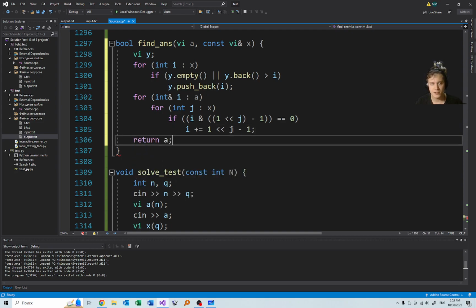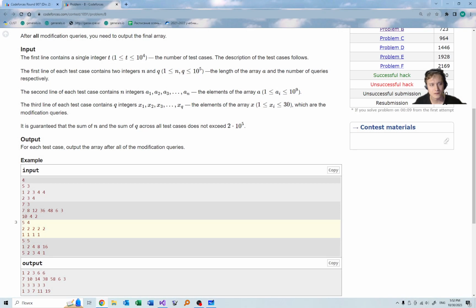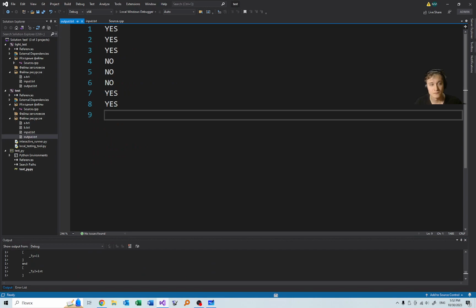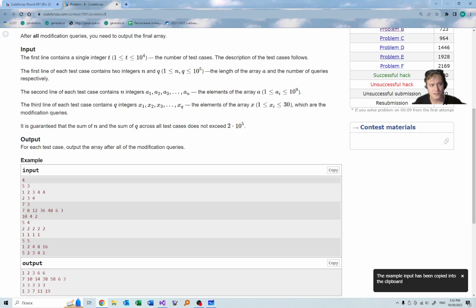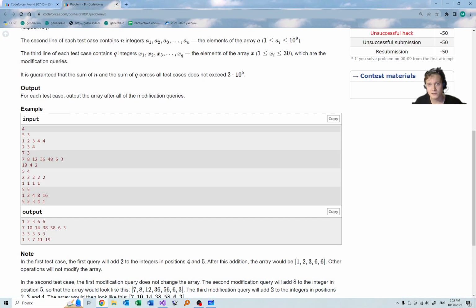Then we just return it. One, 2, 3, 6, 6, 7, 10, 14, 38, 58, 63, 3, 3, 3, 3, 3, 1, 3, 7, 11, 19. Yes, that is correct.